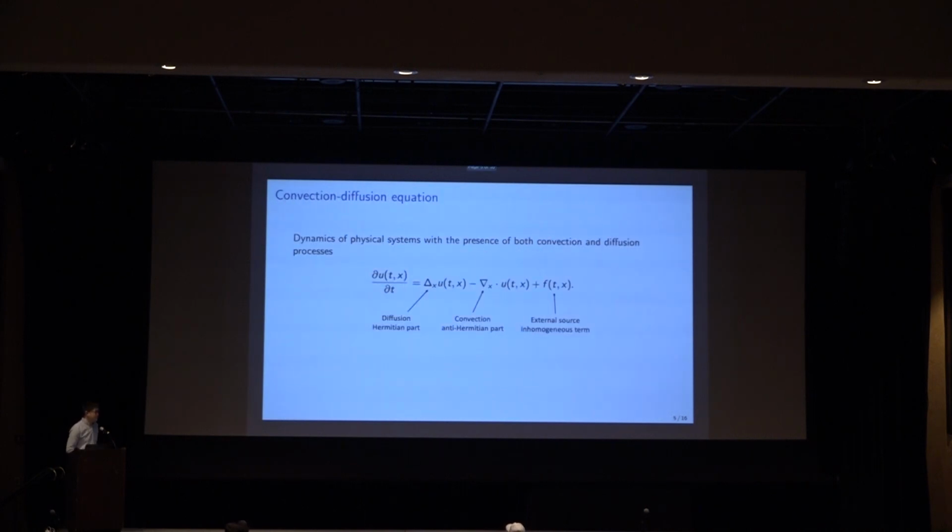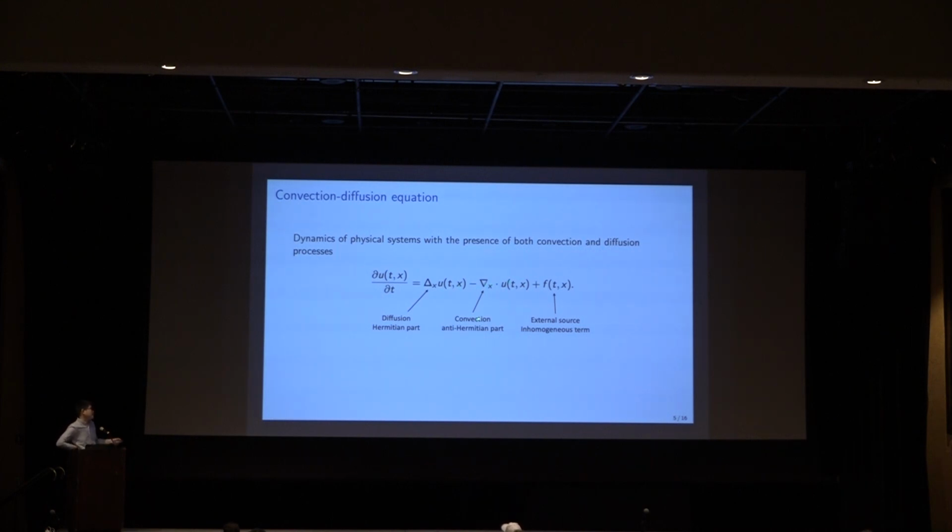The second example is from fluid dynamics, the convection diffusion equation. This is a partial differential equation which describes the dynamics with both convection and diffusion processes. Looking at this equation, we have a Laplacian operator, which is the diffusion term. It also appears in the heat equation, so you can view this as something similar to heat transfer. And we have this gradient operator, which is the convection term.